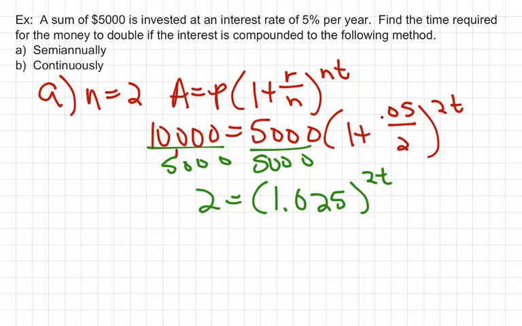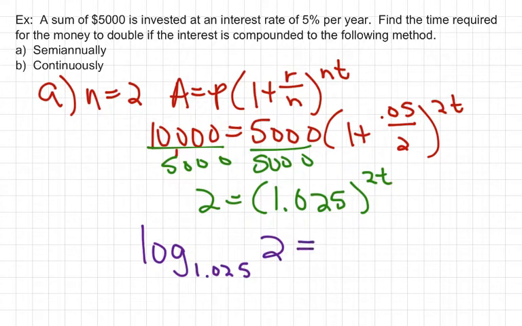So we're going to rewrite this in log form. It's going to be the log base 1.025 of 2, that's the exponent, equals 2t. Now, you have two methods for evaluating the log base 1.025 of 2. If you have the new operating system on your calculator, under the math function, you can use that log function.